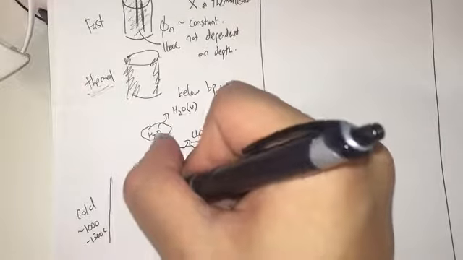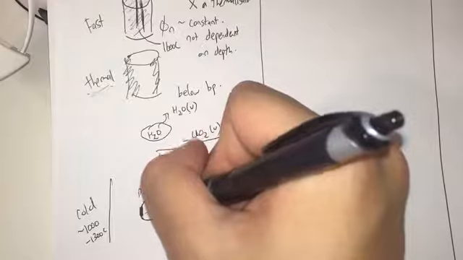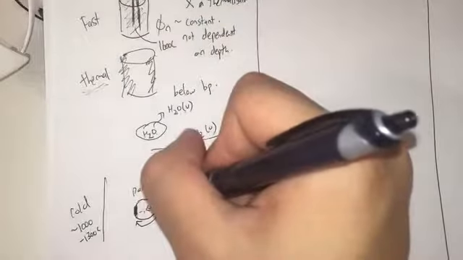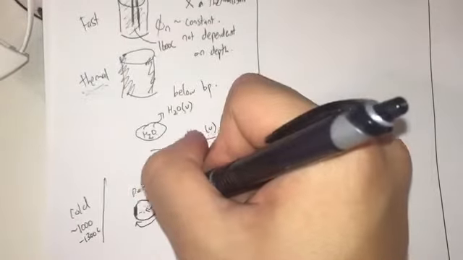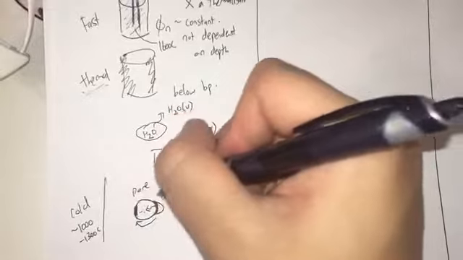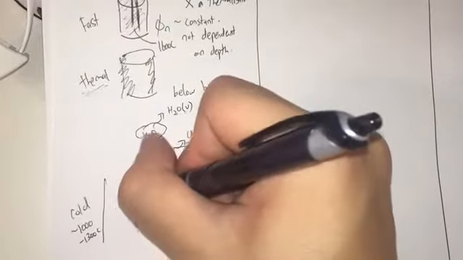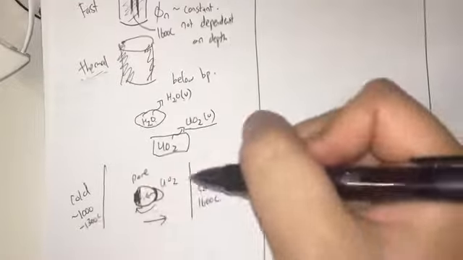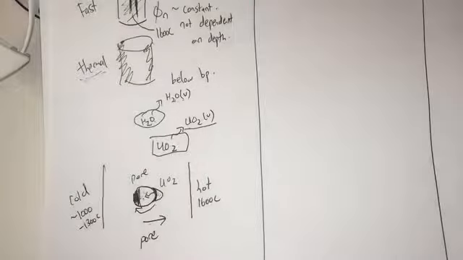Then you'll start to deposit. So this side will get eaten up, and this side will get deposited. Over time, more of this side will get eaten up, and more of this side will get deposited. So in effect, the pore moves towards the hotter region.